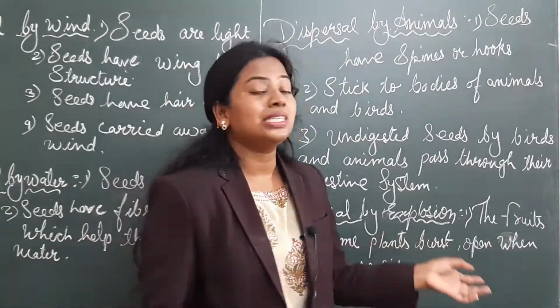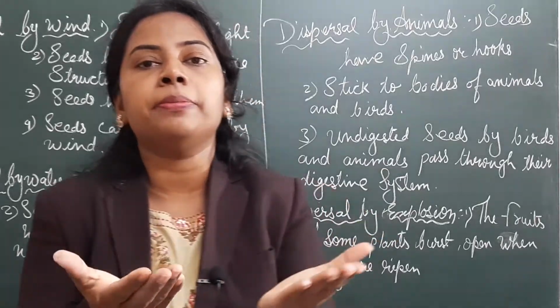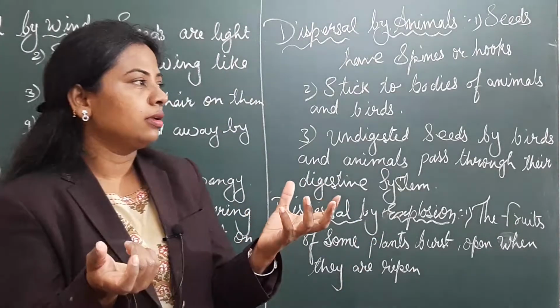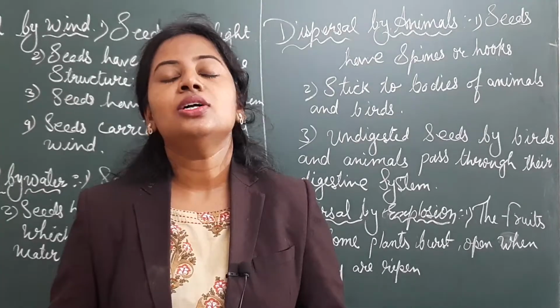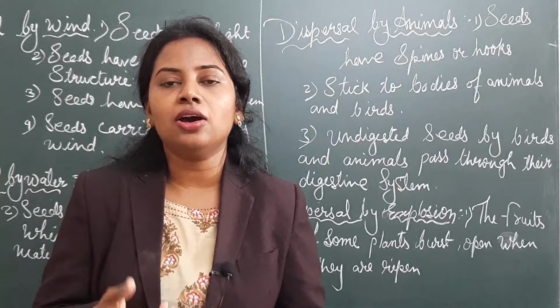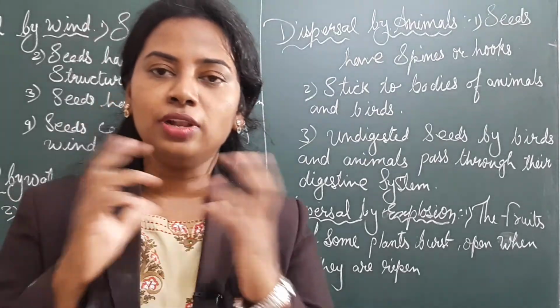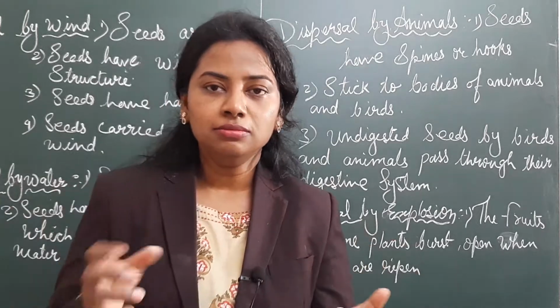So the ripened fruits. If you see ripened fruits, students, like ripened peas or a ripened seed or a fully ripened fruit, it breaks down.